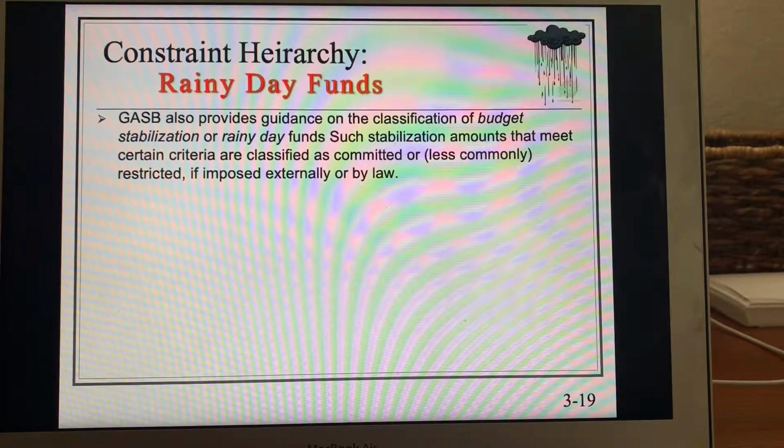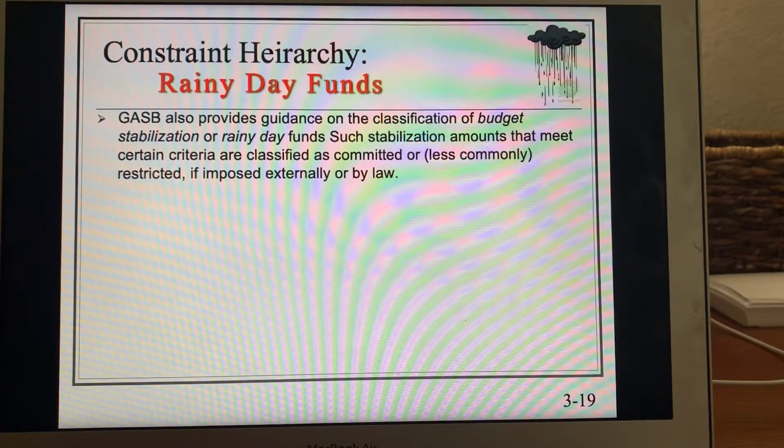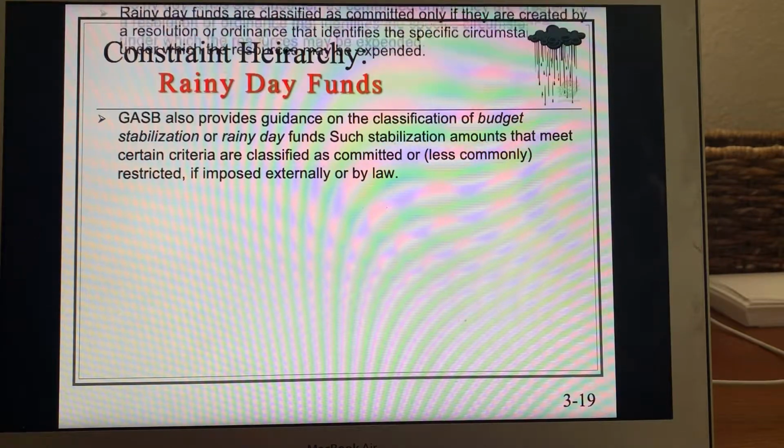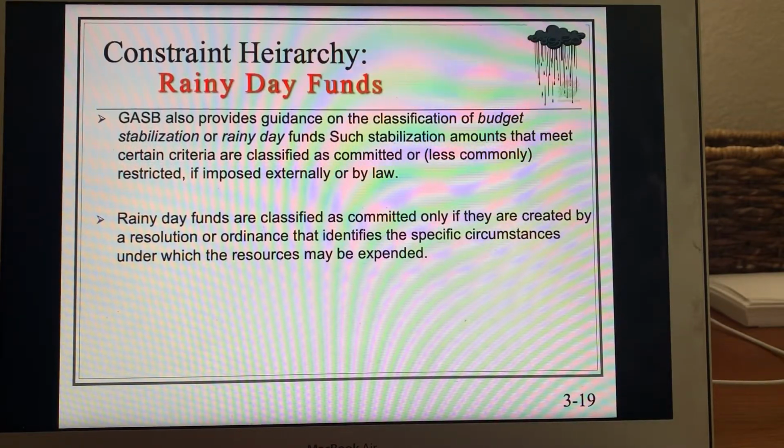Such stabilization amounts that meet certain criteria are classified as committed, or less commonly restricted if imposed externally or by law. Rainy day funds are classified as committed only if they are created by a resolution or ordinance that identifies the specific circumstance under which the resources may be expended.